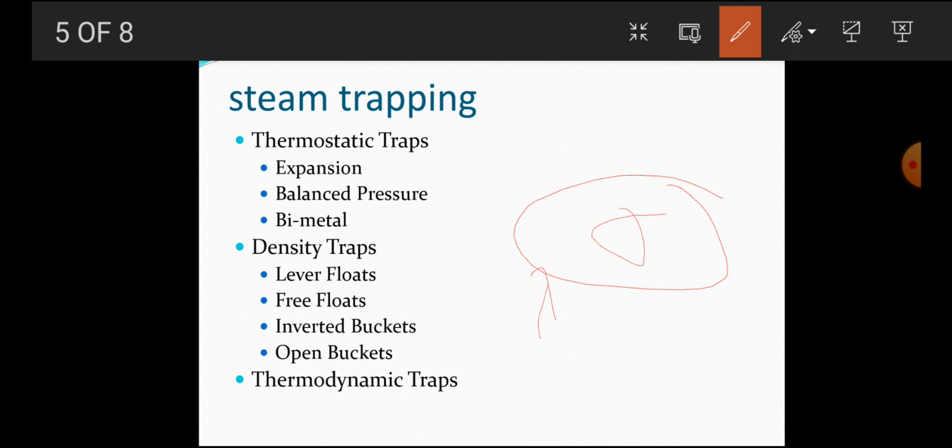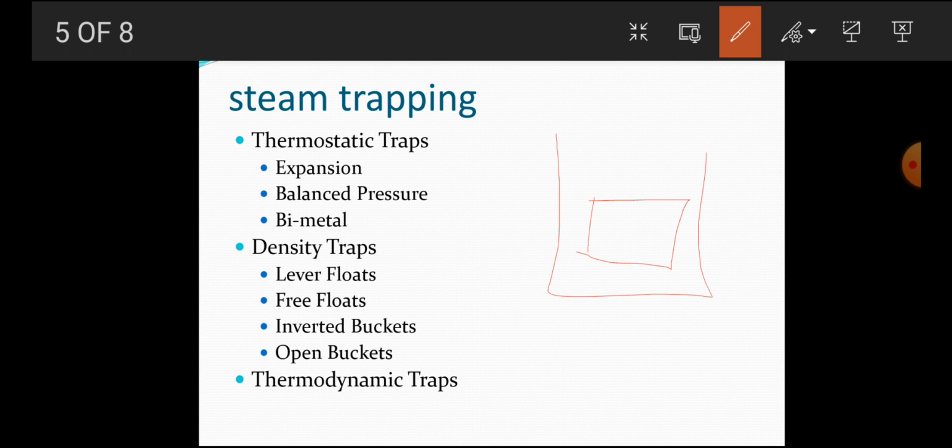Then there is the thermodynamic piston. In this thermodynamic piston arrangement, piston traps operate similarly to disk models, but contain a piston with a centrally located pilot hole which constantly bleeds some combination of air, condensate or steam to actuate the valve open.